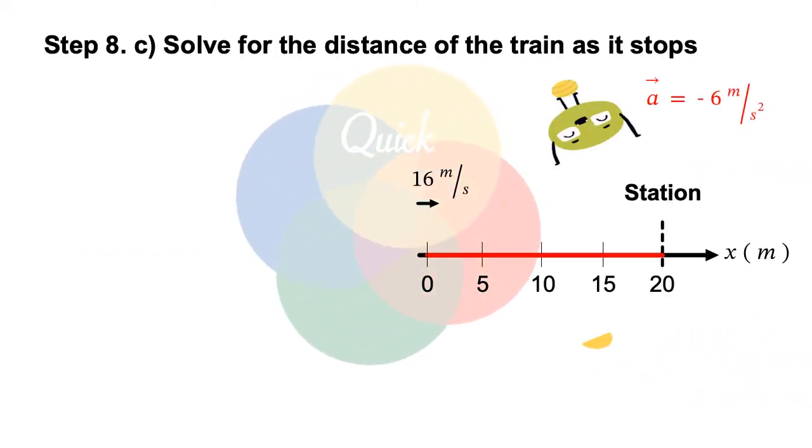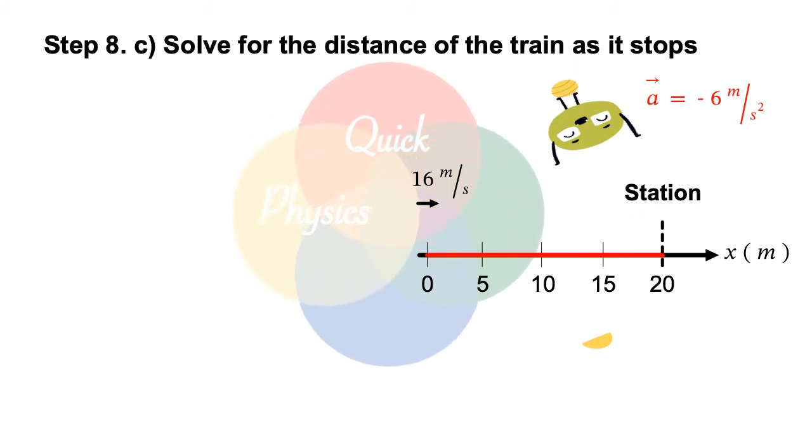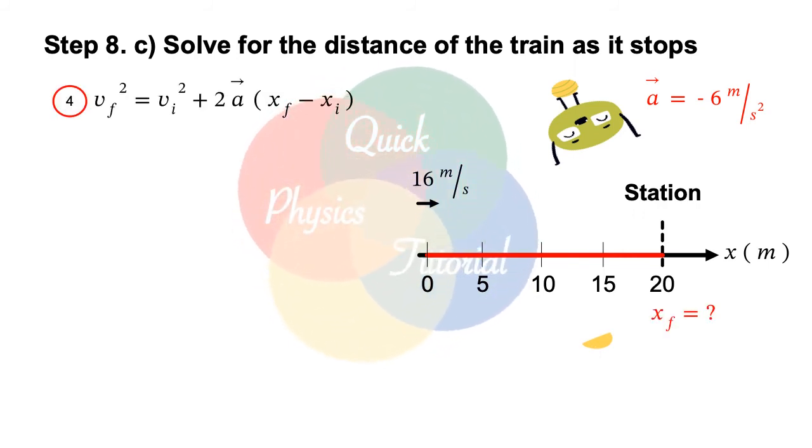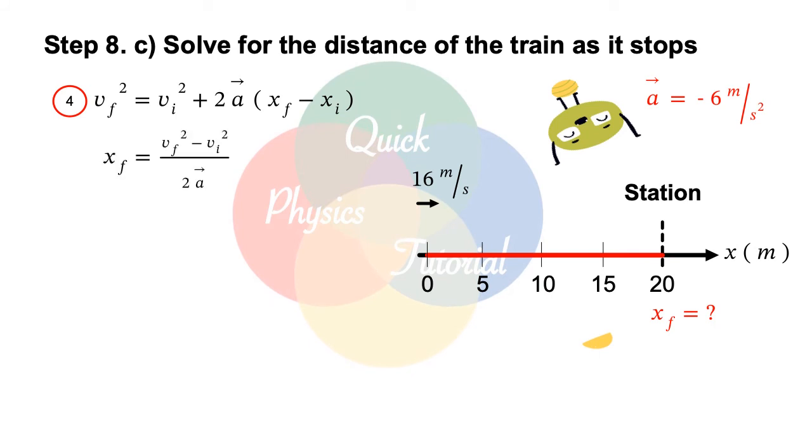Using the acceleration obtained from letter A, we can now solve for the distance of the train as it stops. We then rearrange the equation such that xf is on the left side of the equation. Take note that xi is 0. Also, the speed Vf is 0 when an object stops.